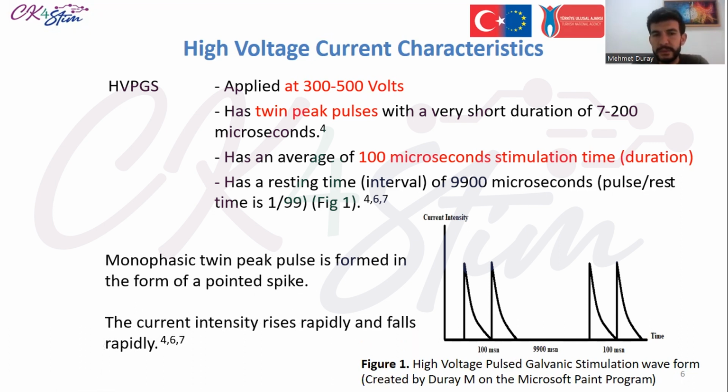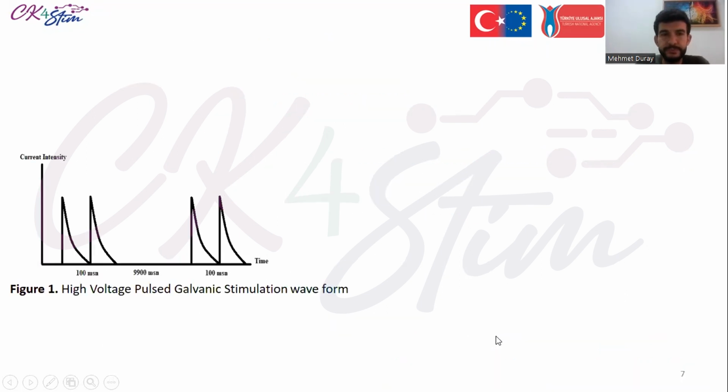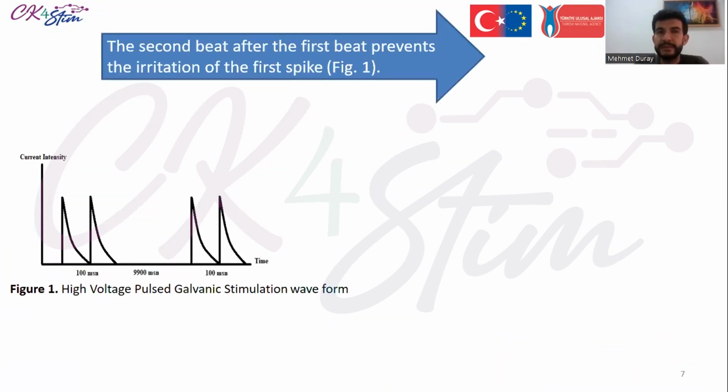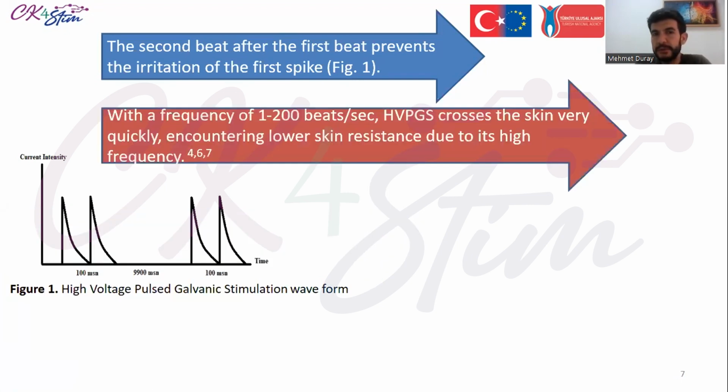A monophasic twin peak pulse is formed in the form of a pointed spike like this, and the current intensity rises rapidly and falls rapidly too. This is the first beat and this is the second beat. The second beat prevents the irritation of the first spike, with a frequency of 1 to 100 beats per second.